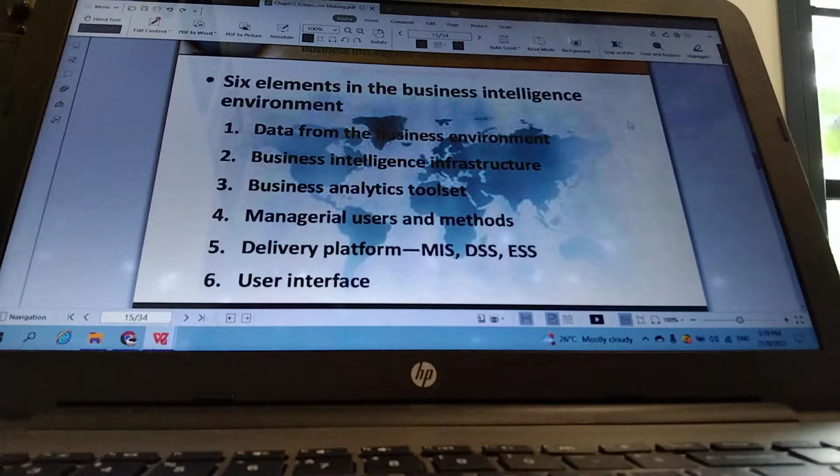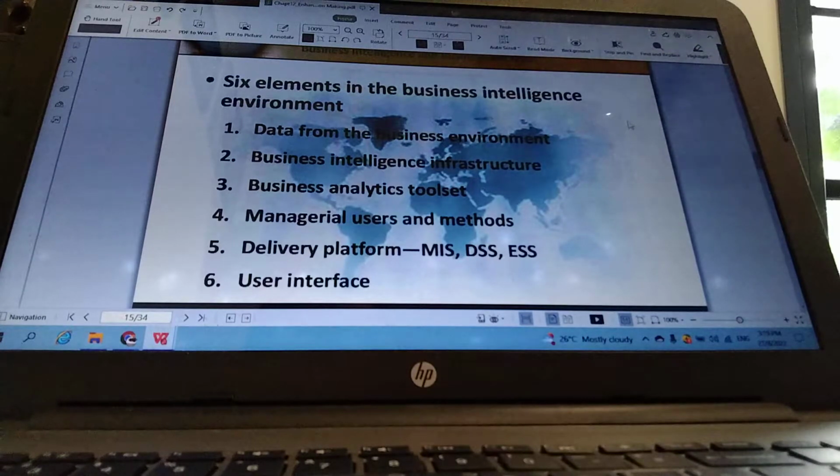So under the BI and BA, what we're going to do is we're going to take a look at 6 elements in the BI environment itself. What are the 6 elements in the business intelligence environment? And they are: one, from data from business environment. One of the most critical or important element is definitely the data.